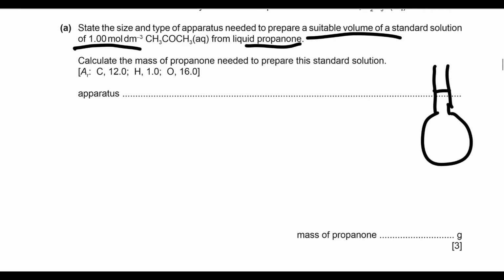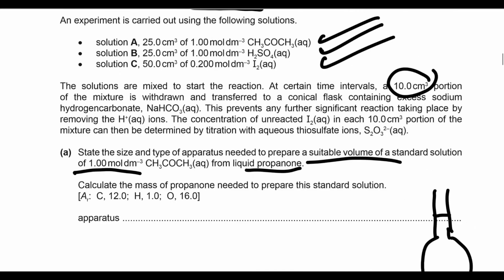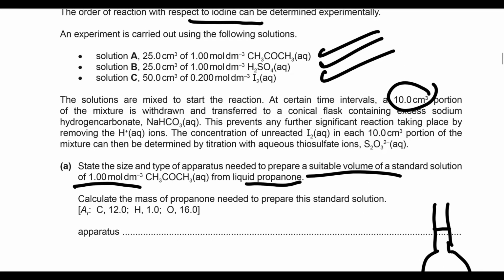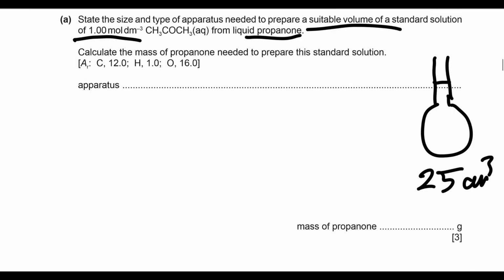and here there is a mark, and the size could be 25 cubic centimeter because you need at least 25 cubic centimeter of propanol. So you need to use this volume at least, and it could be in the range from 25 to 250, it doesn't matter which volume, but you need at least this volume.